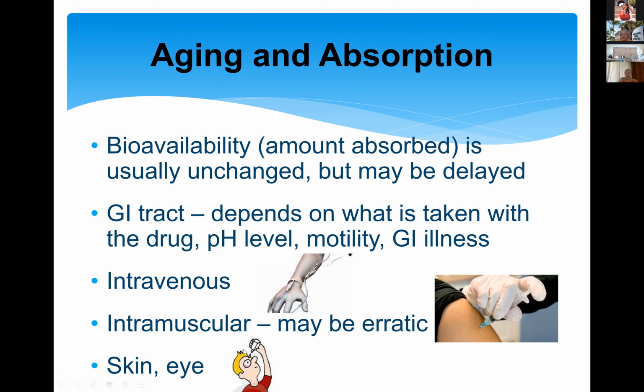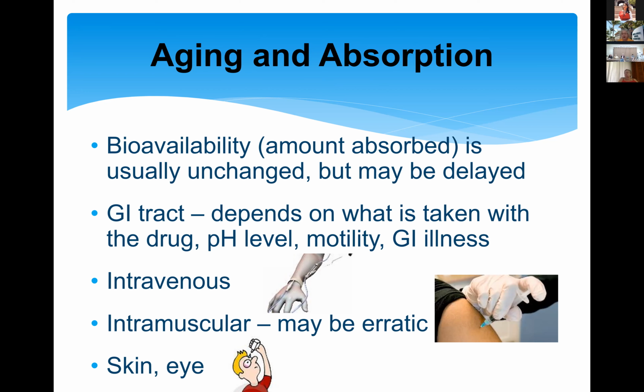Intravenous medications, there's really no difference in aging. Intravenous medications reach the bloodstream quickly, no matter how old you are. But intramuscular medications, this is shots that are given into your muscle. These may be erratic, so we can see highs and lows that we may not be able to predict. Now, some things we have to take by shot.